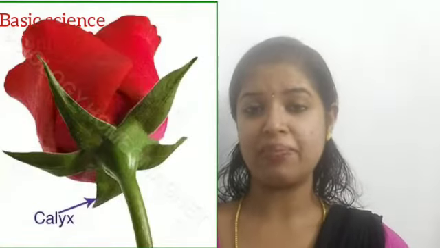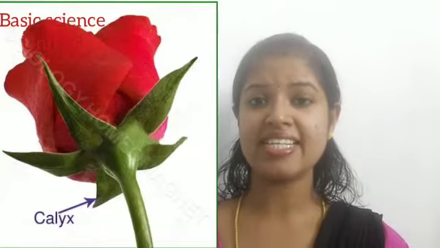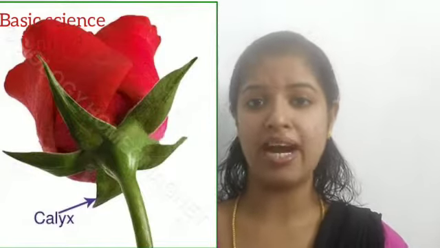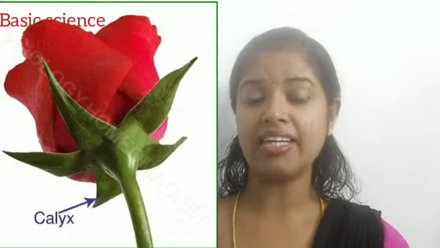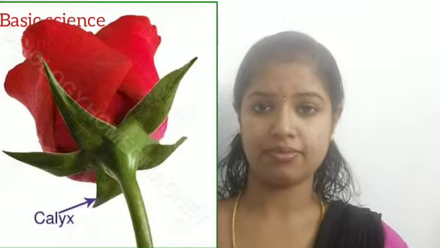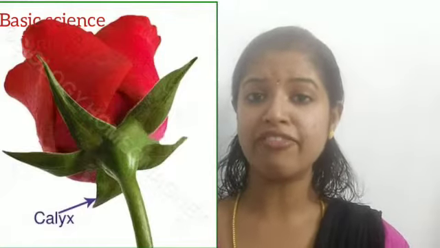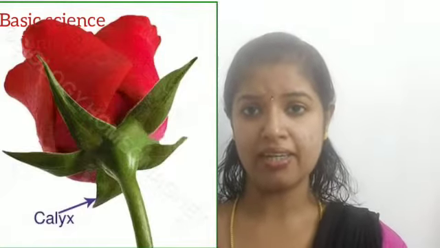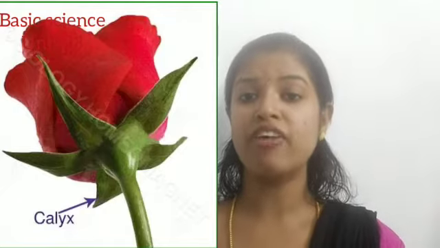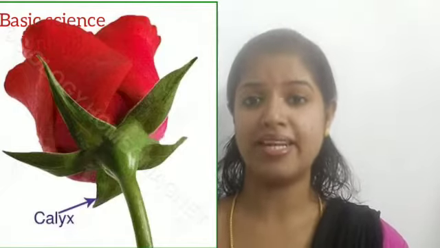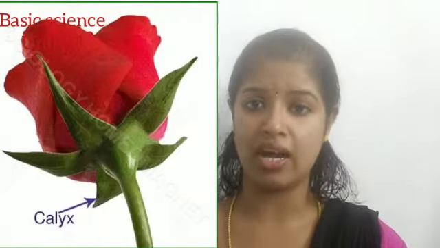Now next one is calyx. You can see from the picture, children, calyx is the part which holds the flower when it is a bud. That green part is called the calyx. What it will do means it will hold the flower when it is a bud, and also when the flower blooms, it will support the petals. Petals means corolla.